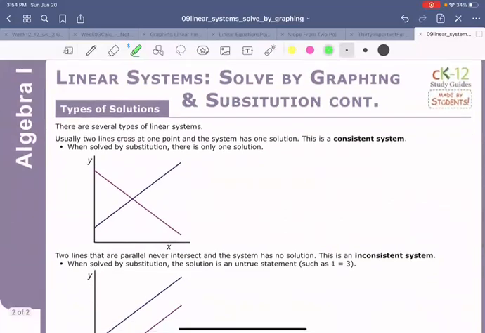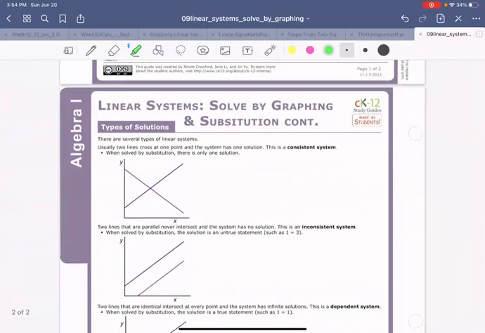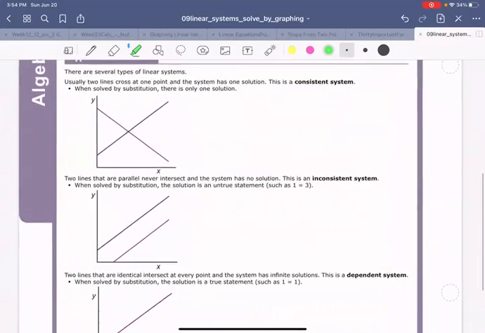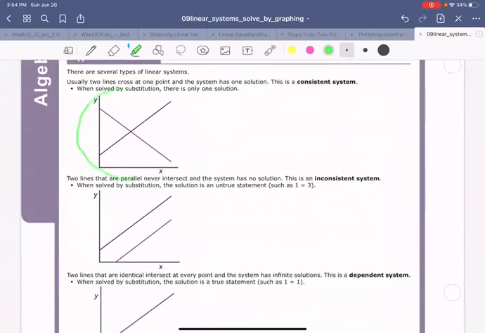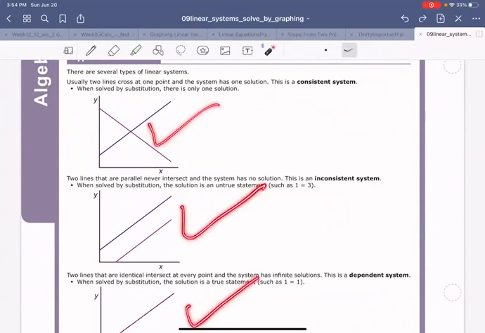Now let's see several different scenarios. Ethan, what does this graph represent? This one represents that they have the same point. They cross. They have different slopes, but at one point they are the same.